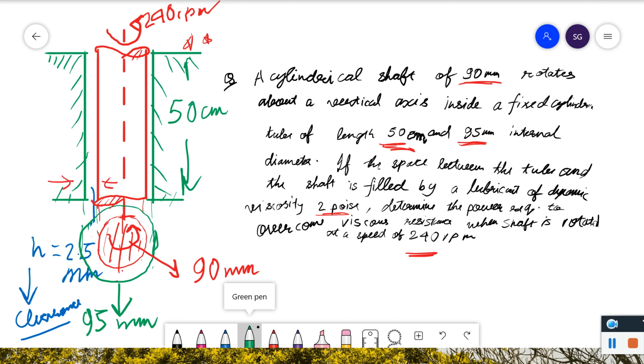This green portion represents the tube, and the cylinder is represented in red. The space between the tube and the shaft has a lubricant of dynamic viscosity 2 poise, meaning here we have filled a lubricant. Assume this pink one is the lubricant, filled with dynamic viscosity of 2 poise.